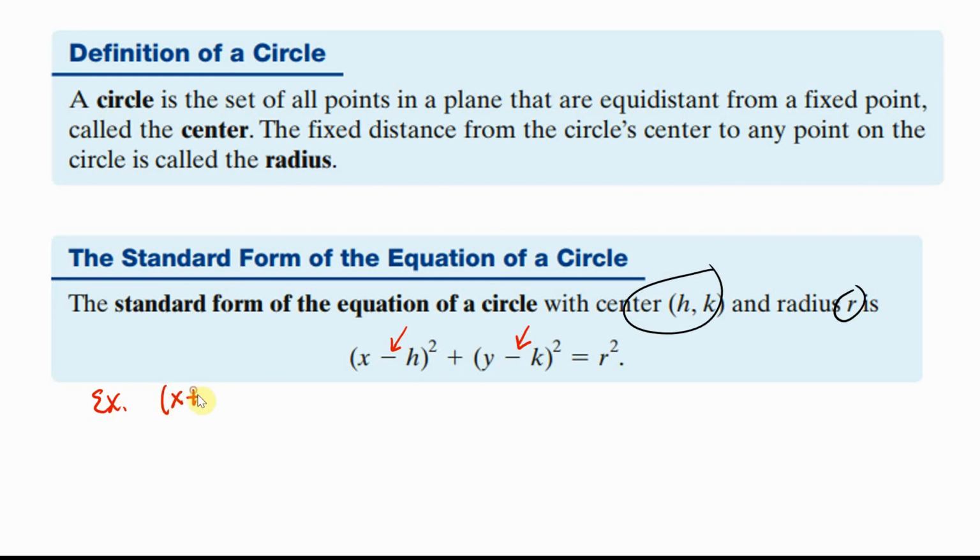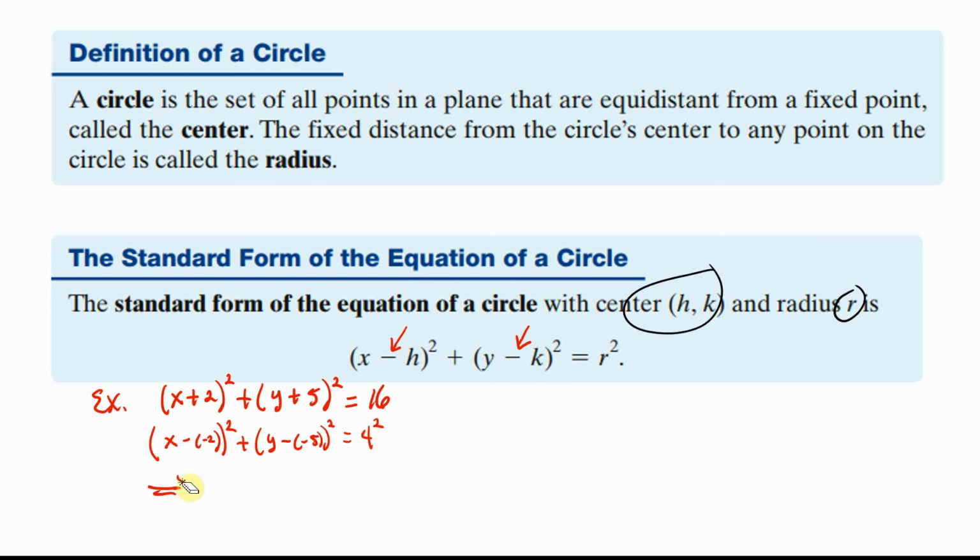If we have x plus 2 squared plus, say, y plus 5 squared is equal to 16, this is understood to be x minus a negative 2 squared plus y minus a negative 5 squared is equal to 4 squared.